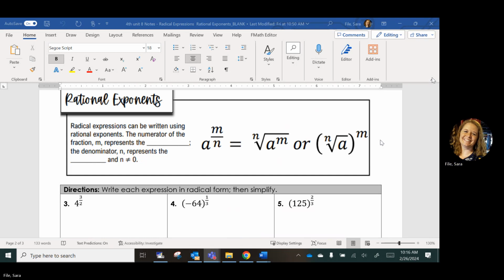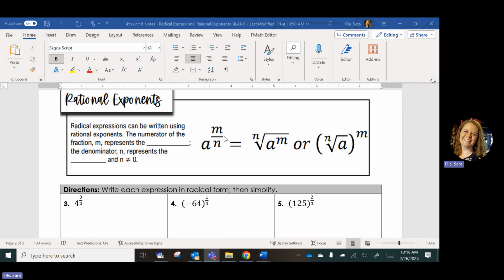Okay, so in this example here, we've got the base is a, and then your rational exponent is m over n. Okay, and radical expressions can be written using rational exponents, and vice versa. So you can go from a radical to a rational exponent or from a rational exponent to a radical expression.